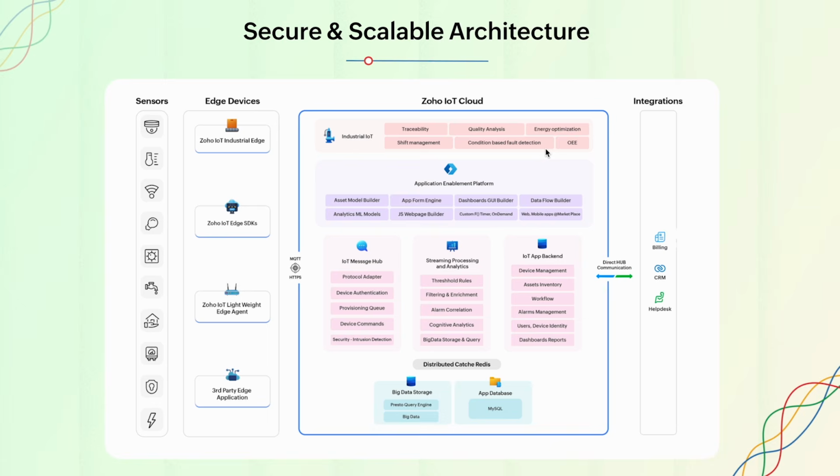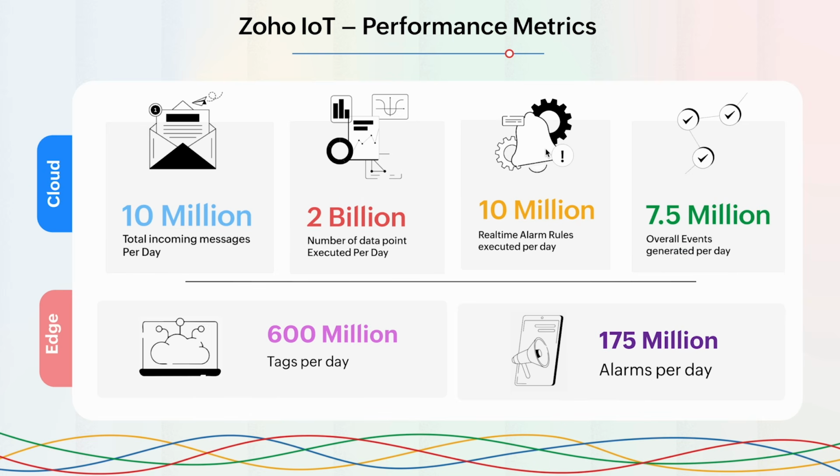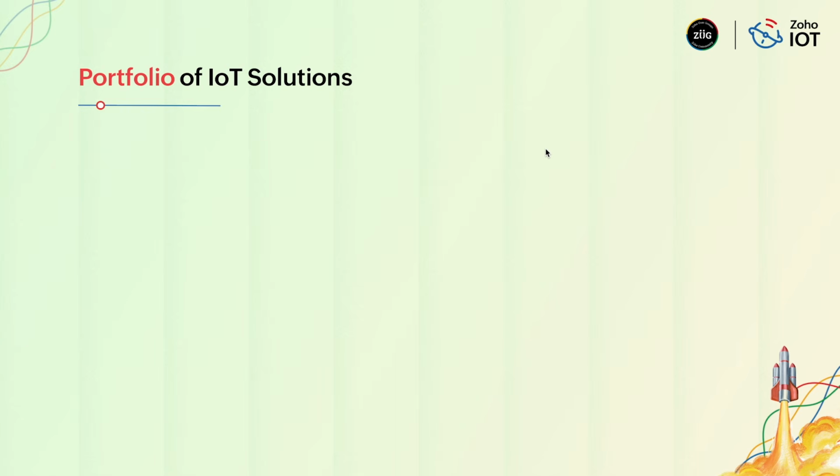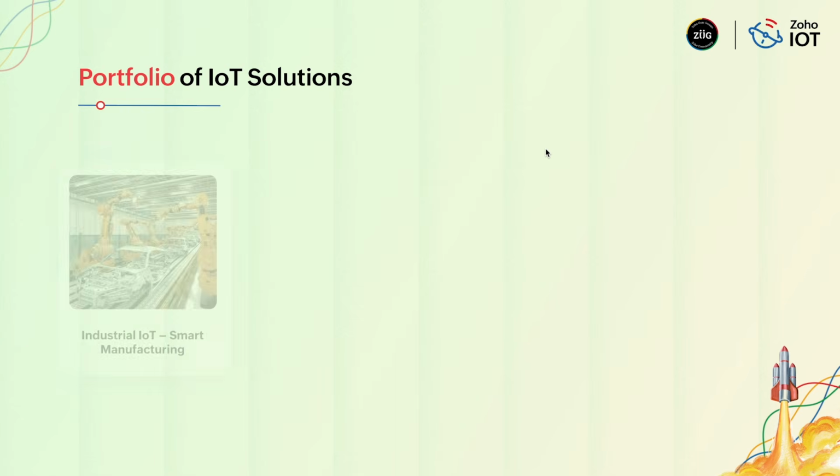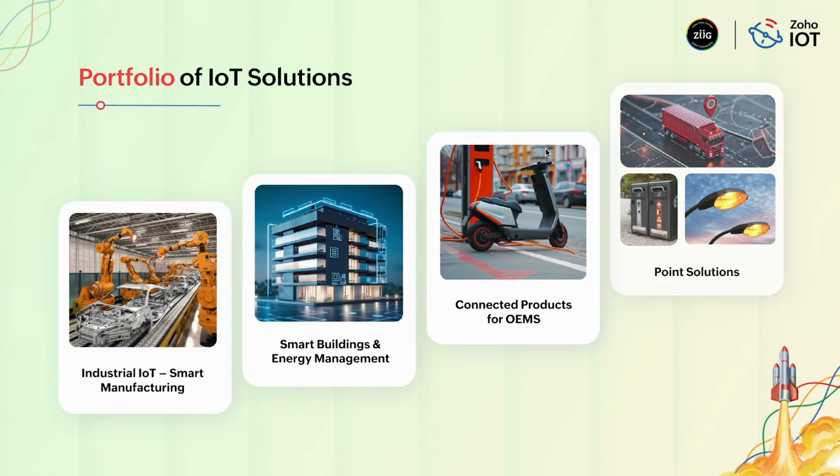With this architecture, we are able to claim large performance and sizing numbers, like millions and billions of data point storages, and processing millions of tags at the edge per day. So with that, we will enter into the portfolio of IoT solutions that we focus on.